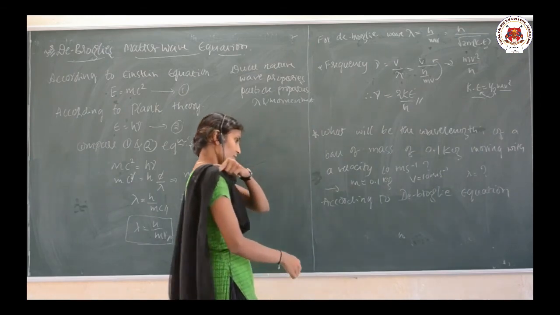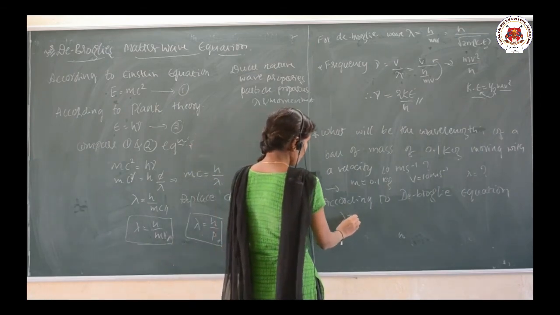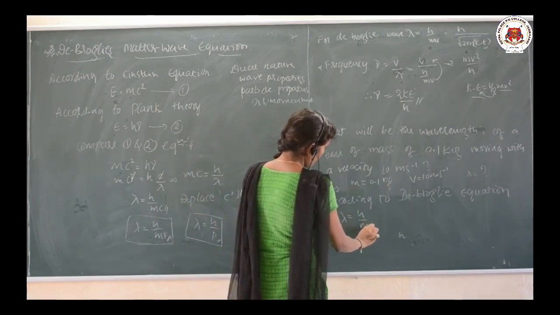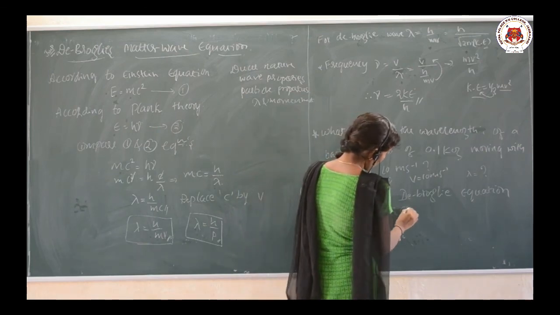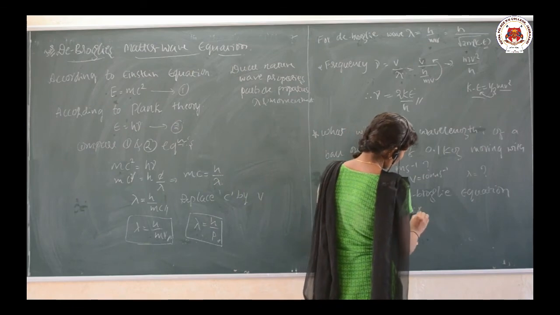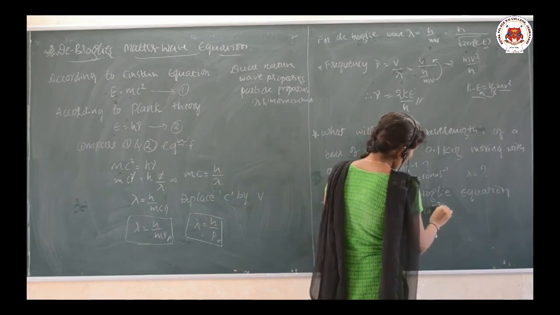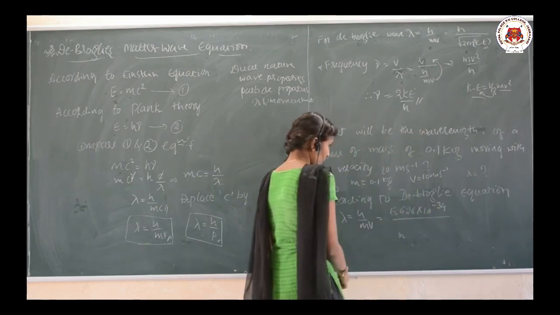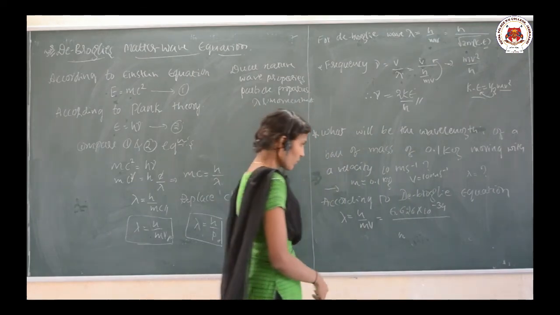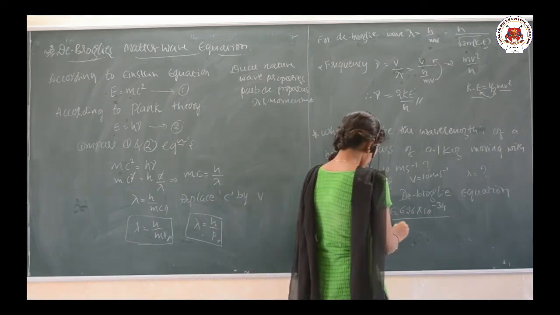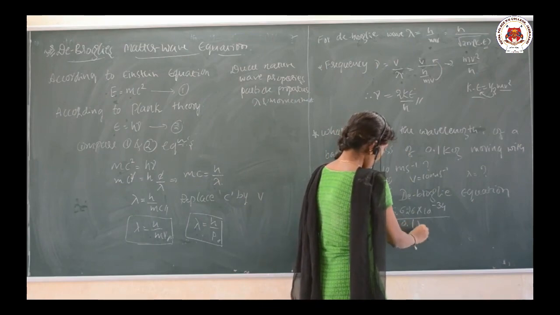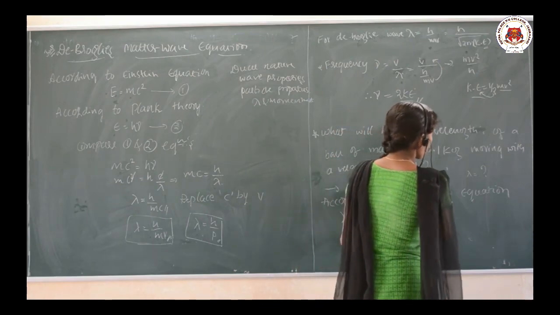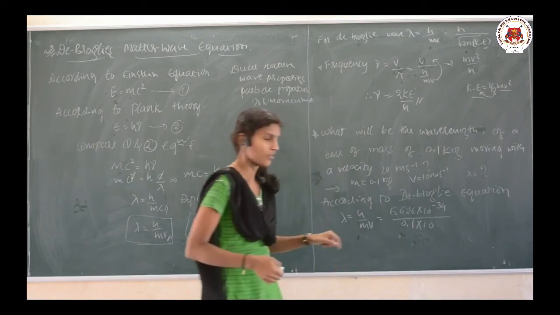lambda is equal to h upon m into v. The h value we already know: 6.626 into 10 to the power minus 34. And then the mass is 0.1 into the velocity, which is 10.